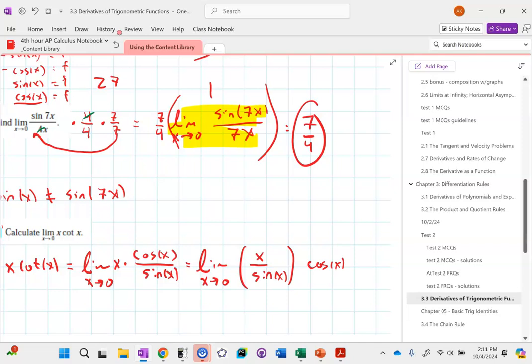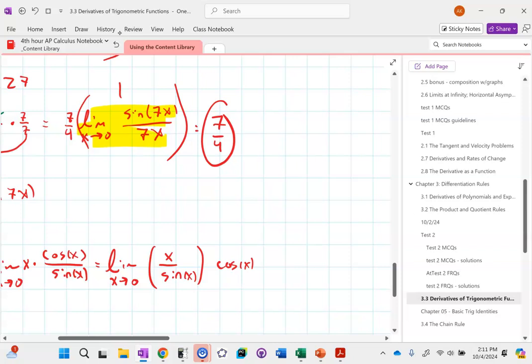Now, multiplying by a fraction is the same thing as dividing by its reciprocal, right? Because I need to get sine x or sine theta over theta, not theta over sine theta, right? Did you guys see that? That this is flipped of what I want.